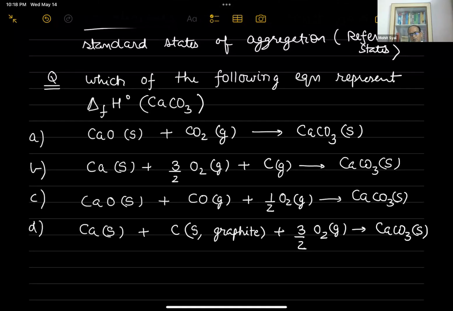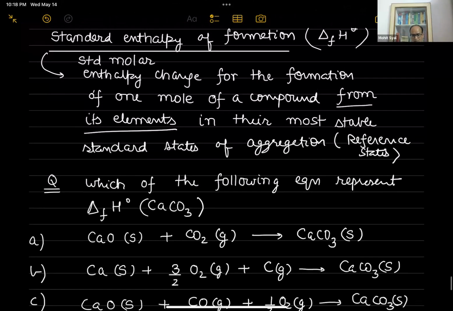So which equation can ideally represent the enthalpy of formation of calcium carbonate? A is the most common, right?